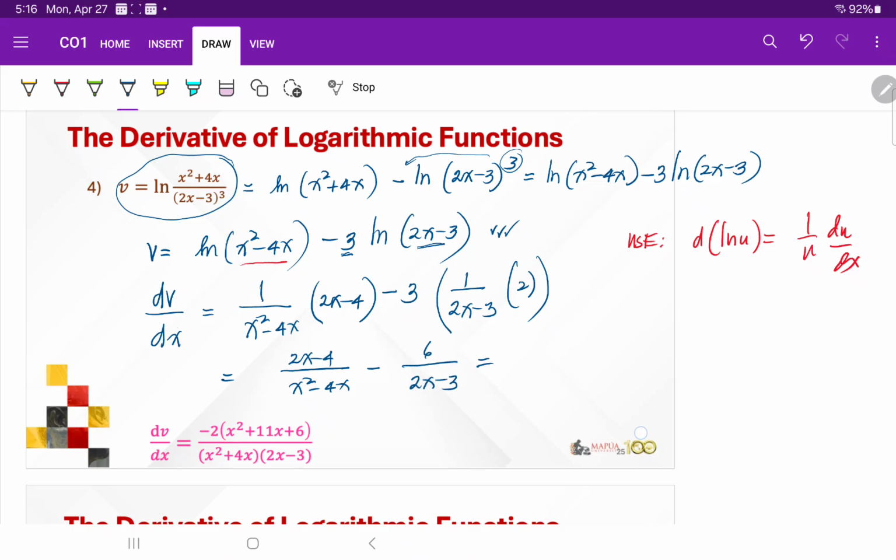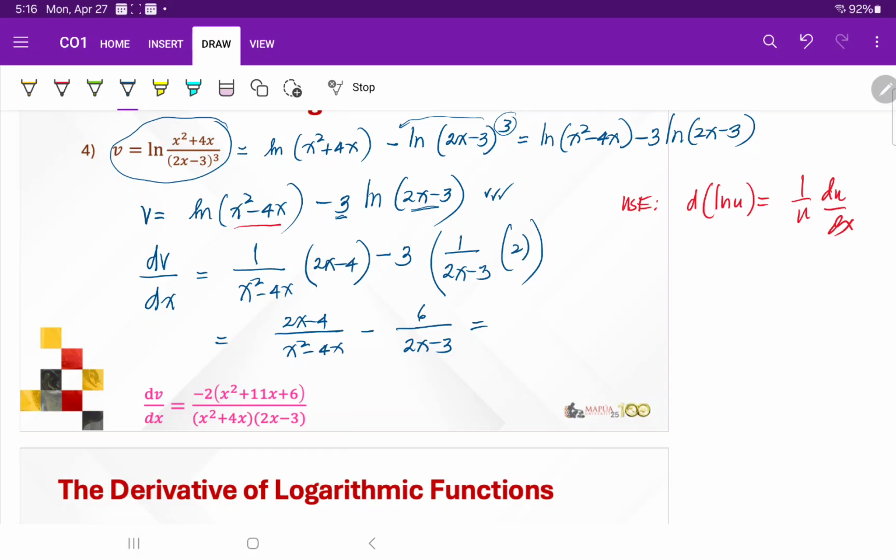And then you need to what? Get the LCD. So find the LCD here and simplify, and this is the final answer. So continue this one here. Continue simplifying. Find the least common.